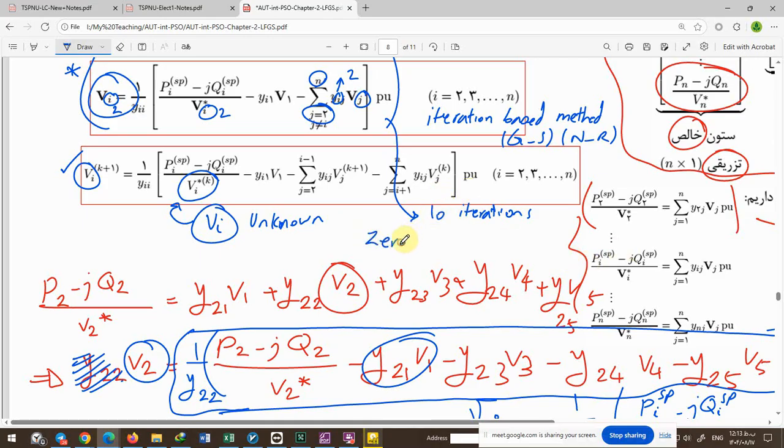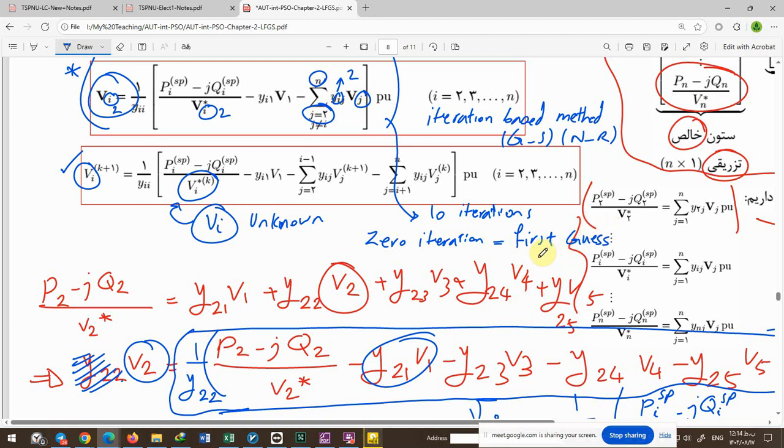The zero iteration is called the first guess. The first guess, the first assumption, no, excuse me, the first guess is a better word.